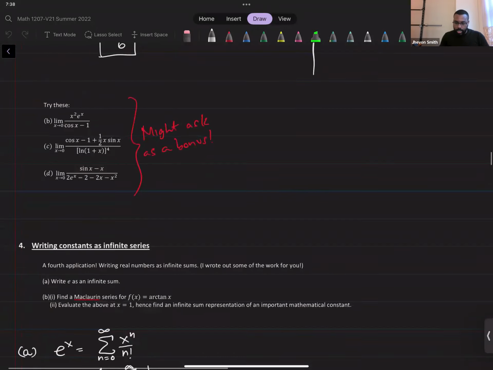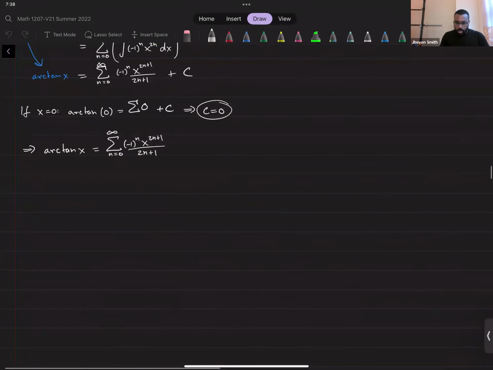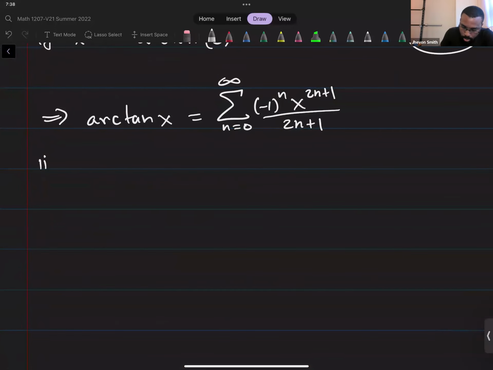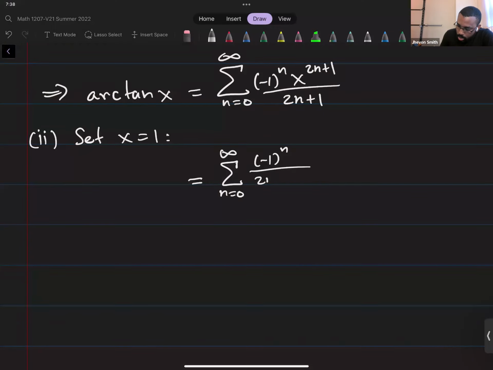So part 2 says, evaluate the above at x equals 1. So that's what I'm going to do. For part 2, if I set x equals 1, this means I have the series of minus 1 to the n over 2n plus 1. Now, what does the left side give me?